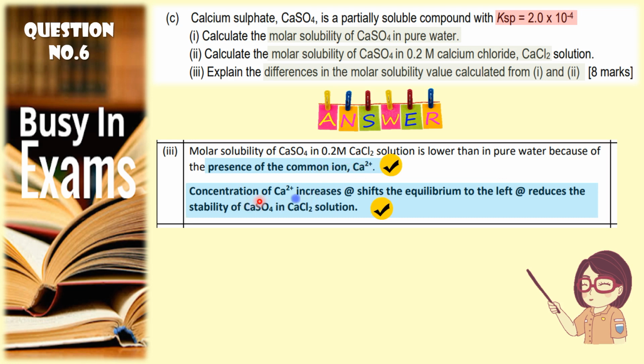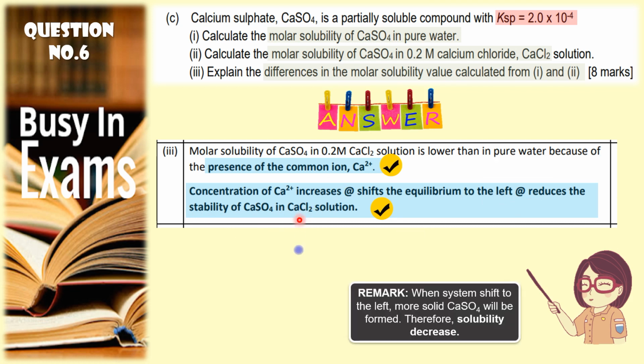Okay, so this is the first mark. Okay, first reason: concentration of Ca2+ increases. Because we have more Ca2+, the concentration of Ca2+ will increase. Or you can write shift the equilibrium to the left, or you can write reduce the solubility of CaSO4 in CaCl2. 1 mark.